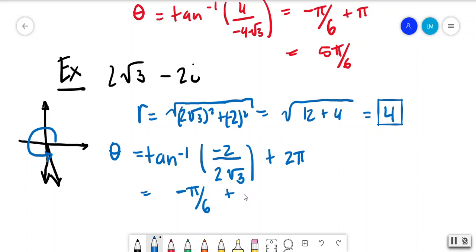let me just make sure that this is all correct. Pi over 6, so 1 over root 3. Okay, so plus 2 pi, that's 12 pi over 6, which gives me 11 pi over 6.